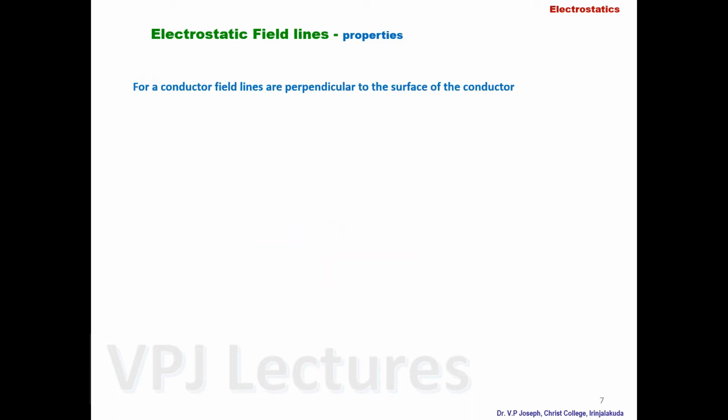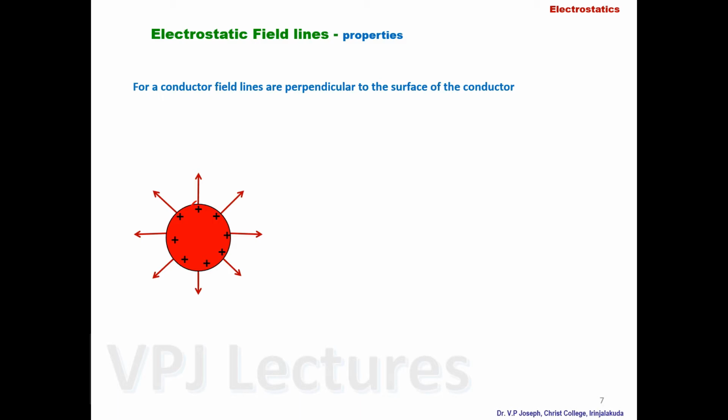And for a conductor, we can see that the flux lines will always be perpendicular to the surface of the conductor. The example considered here is spherical in shape and it is charged. For a conductor, the charges reside on the surface, so the plus symbols are shown near the surface.